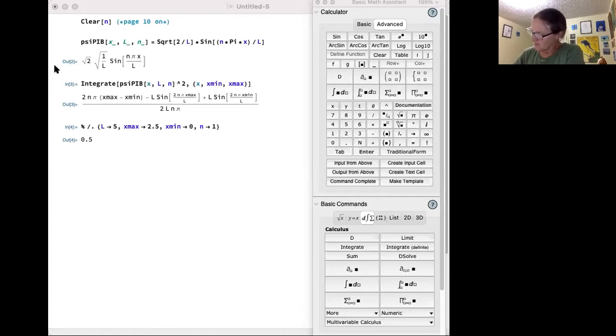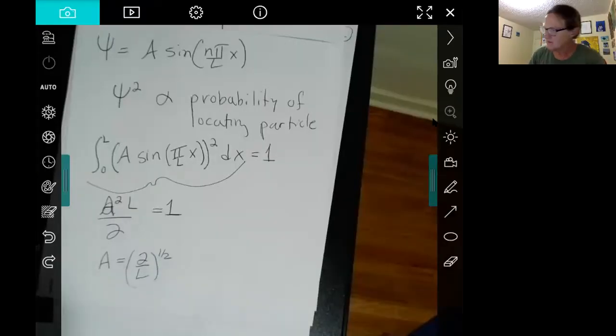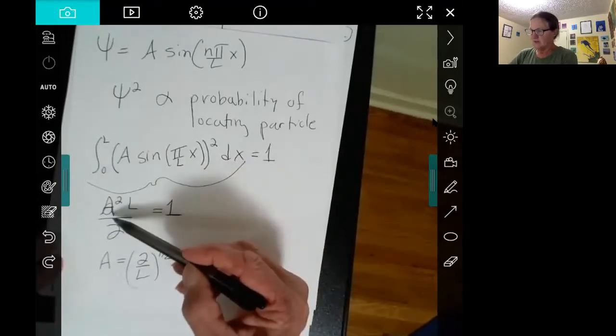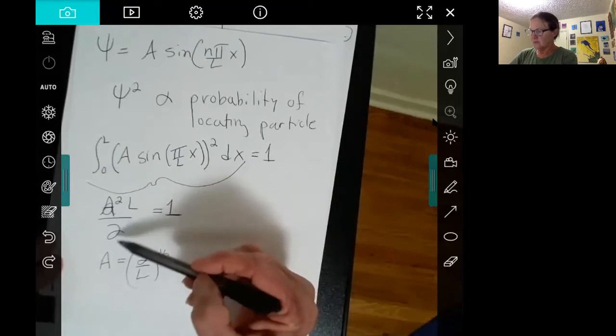So that means we rearrange that. I've got to stop the share and go back to the screen, sorry. Our integral that we did has the value of A squared L over 2.